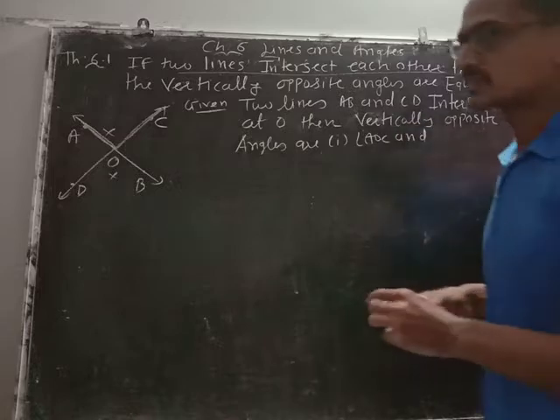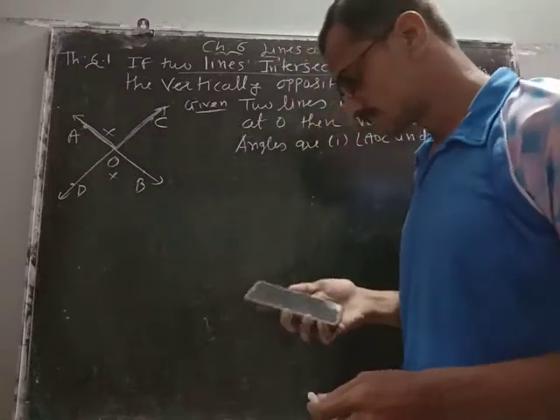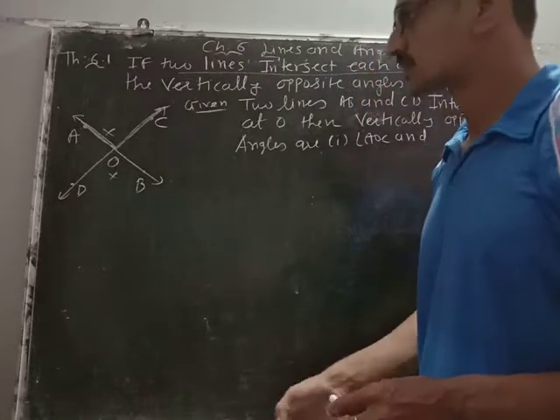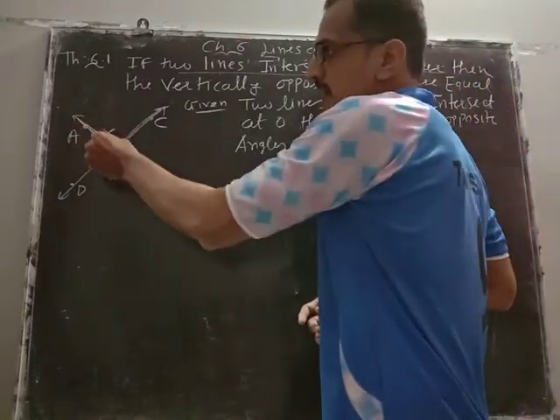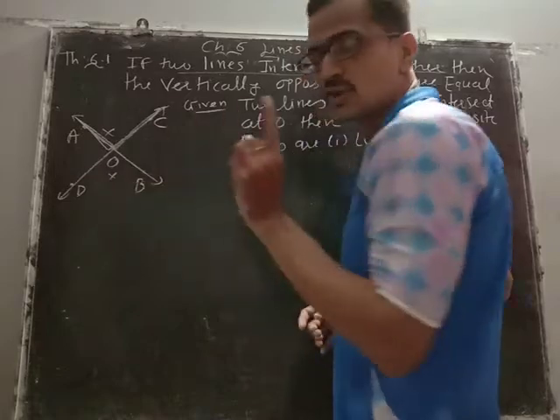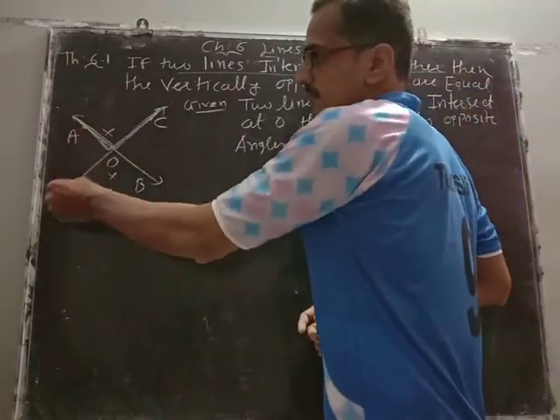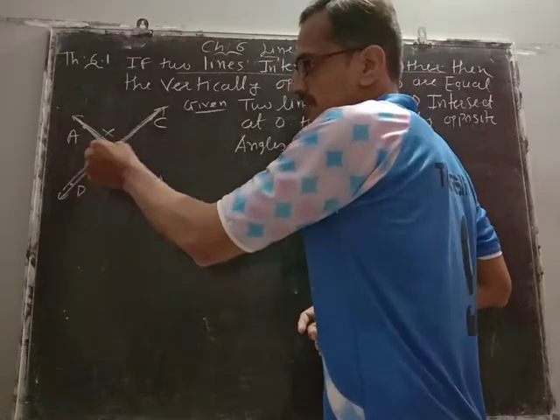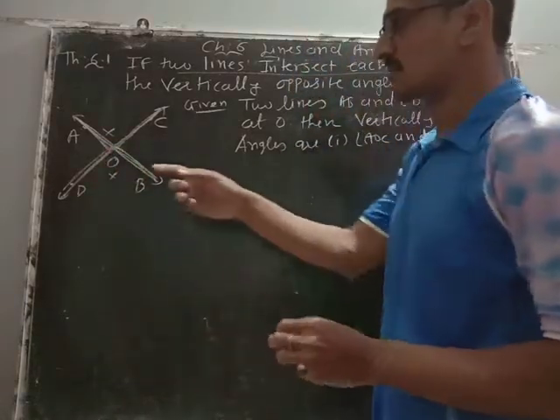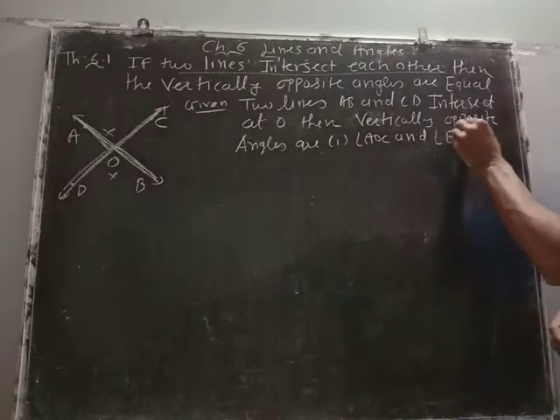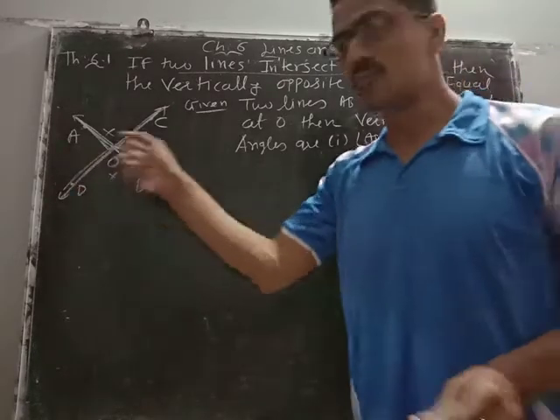And see, the vertically opposite angle of this, vertically opposite angles form a V. Look, a straight V, an inverted V, this is an inverted V. Give name to this angle BOD. Even you can write DOB also.